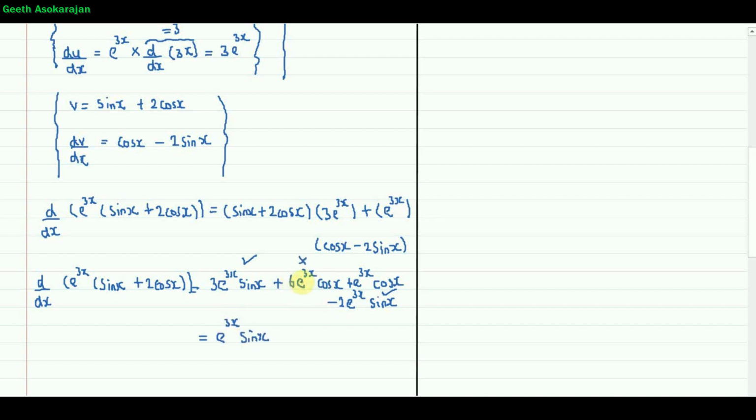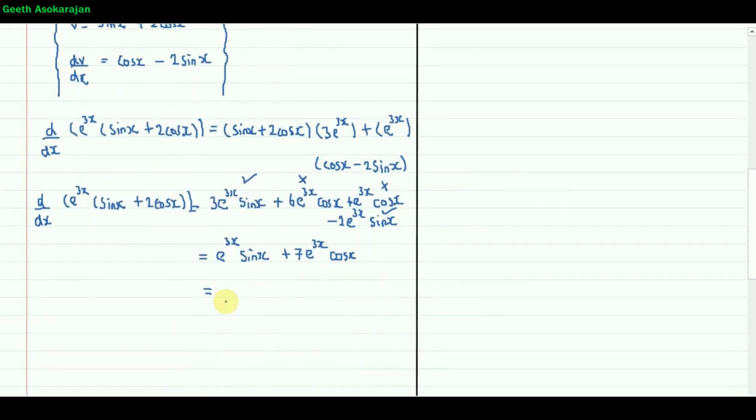I have a 6e to the 3x cos x plus an e to the 3x cos x, so when added, that gives us 7e to the 3x cos x. And if I go one stage further and take a common factor of e to the 3x, we're left with sin x plus 7 cos x.